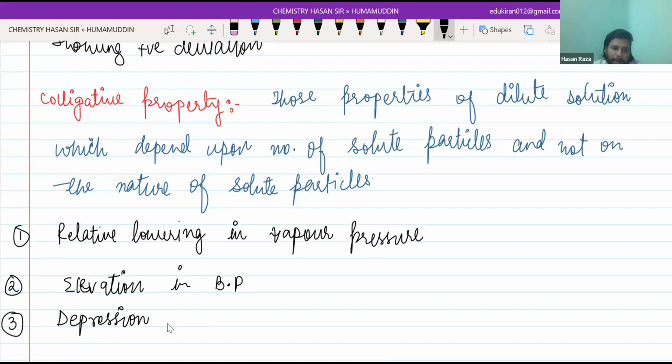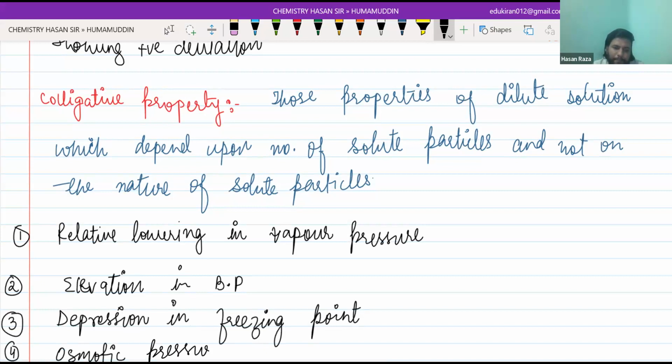And the fourth one is osmotic pressure. So basically, there are four kinds of colligative properties.